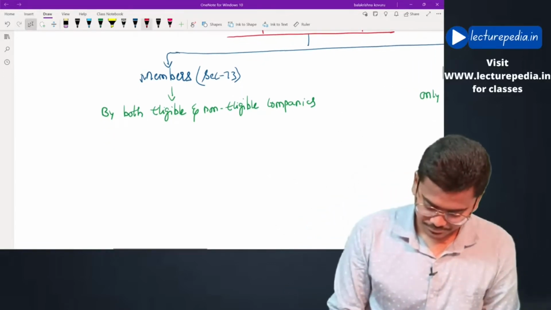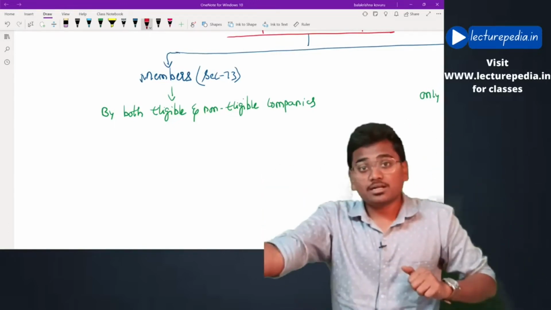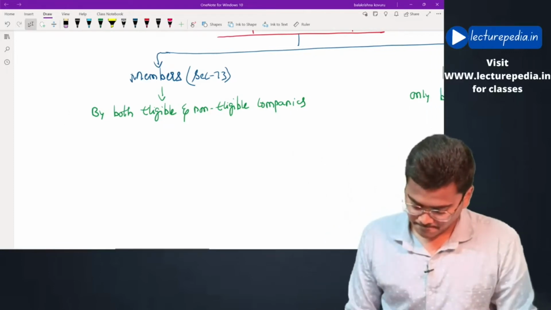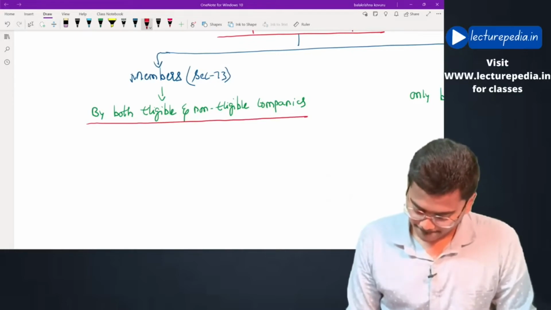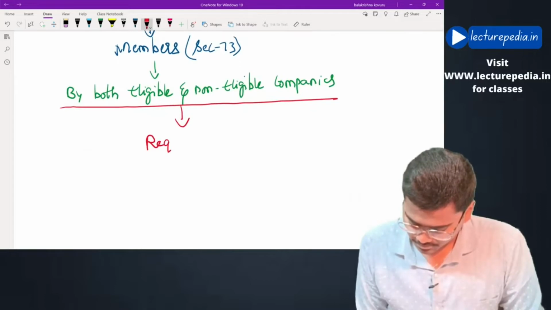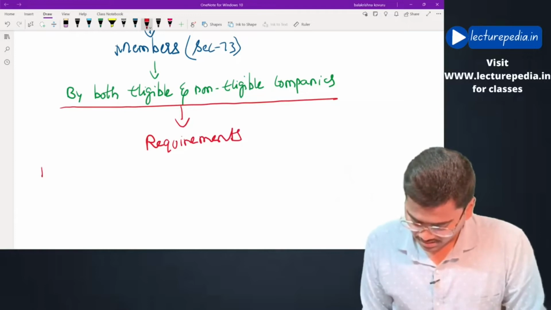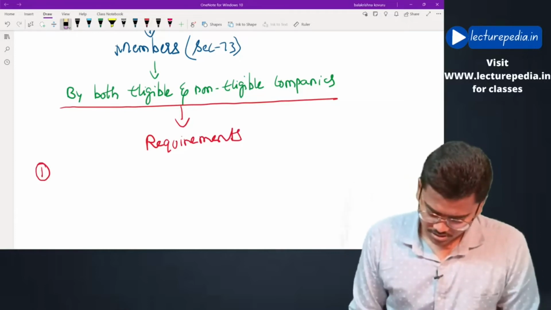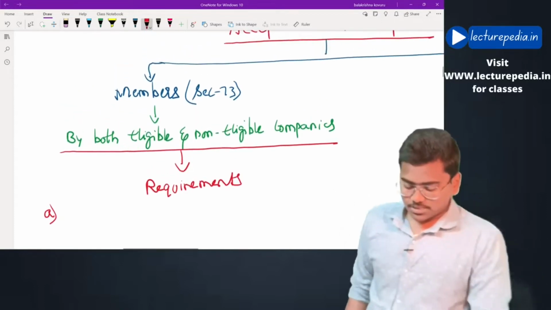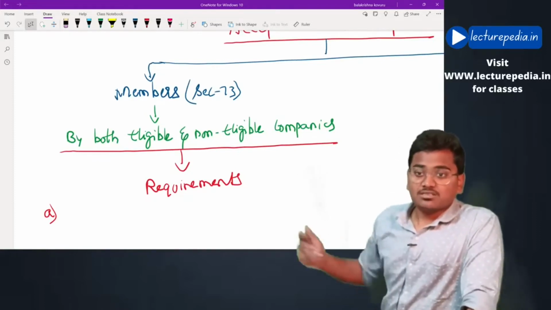Basically these requirements are discussed in section number 73 and section number 76. First of all, dealing with section number 73, the requirements. The first requirement, which you can call A because the section uses clause A. You are a company wanting to raise deposits from members.